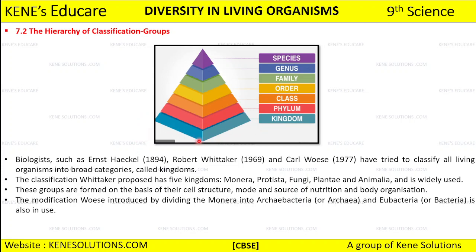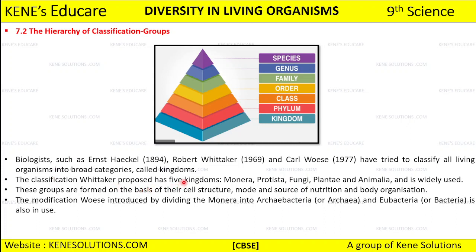So can you see, the largest part, that is the broadest part, is the kingdom. Now a few of the animals will come under this phylum, it is going to get divided into class, class into order, order into family, family into genus, genus into species. This is how we are categorizing or classifying the living organisms. Okay, so the classification Whittaker proposed has 5 kingdoms.